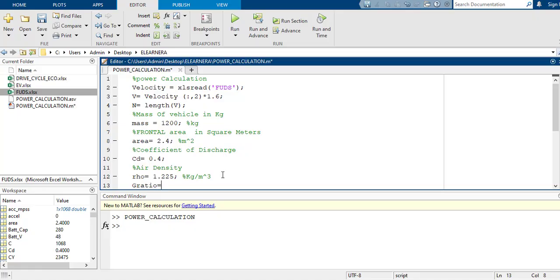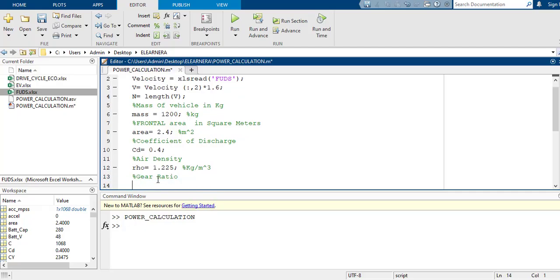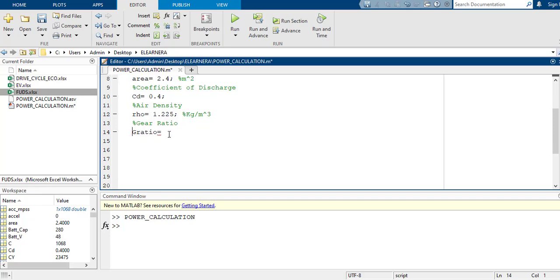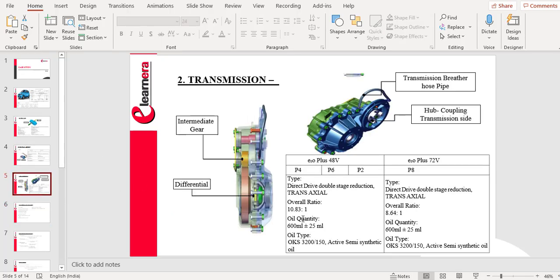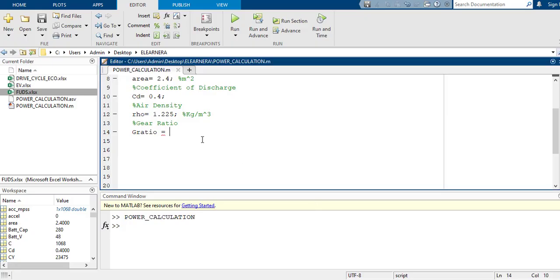So for the manipulation, the gear ratio is 10.83:1.